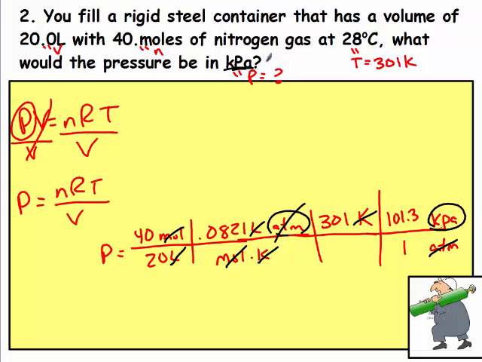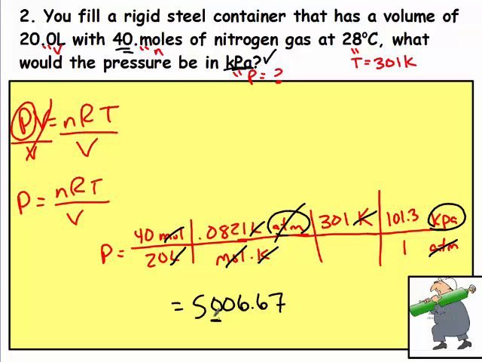I'm left with kPa, which is what I want my answer in. So plug that into the calculator. You should get 5,006.67. Looking up, we need 2 sig figs because this has the least number.